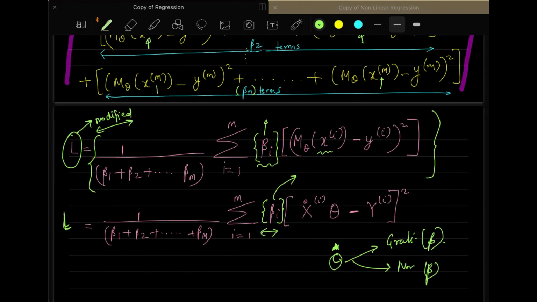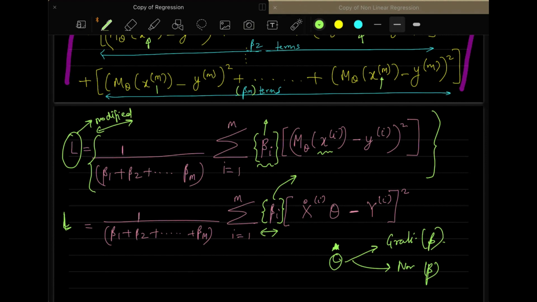So the challenge is how to adjust your fundamental equation to the data set or the problem on which you are working. If you keep on using that same equation, definitely it will not work out.